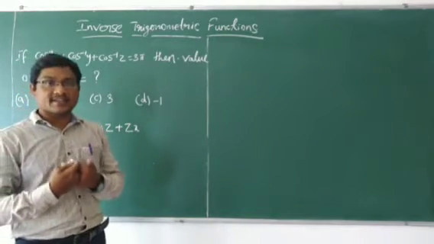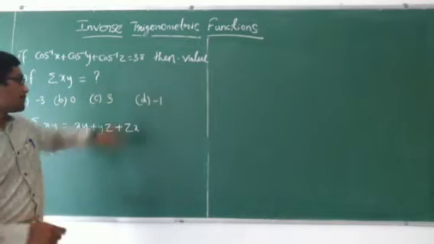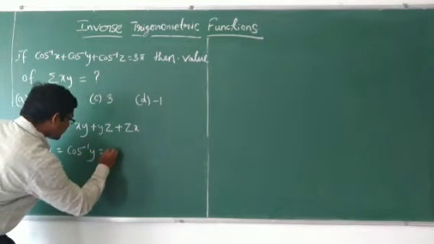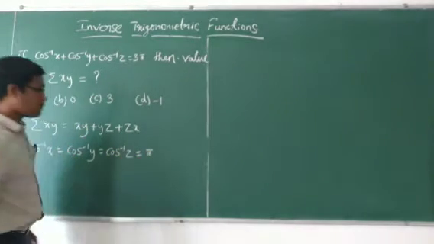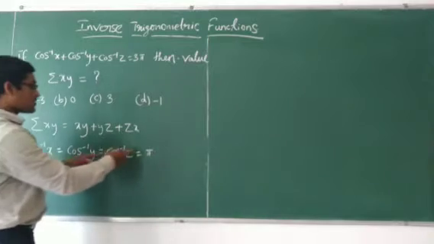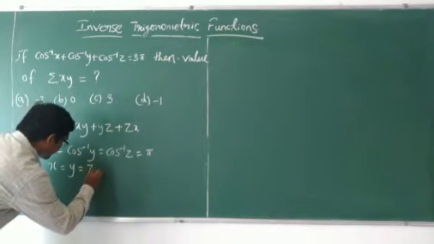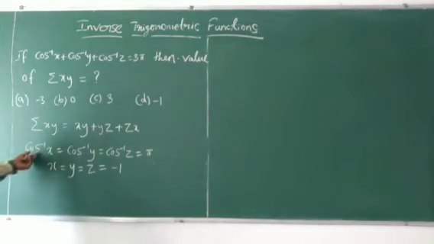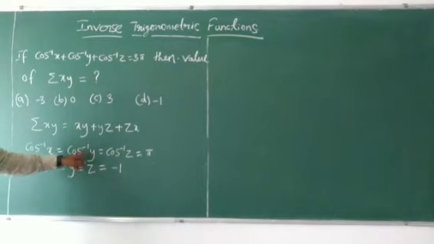If we consider less than pi, we will not get the sum as 3 pi. So cos inverse x is equal to cos inverse y is equal to cos inverse z is equal to pi. When these values are equal to pi, the x, y, z values must be equal to minus 1. Only then we get cos inverse of minus 1 as pi.